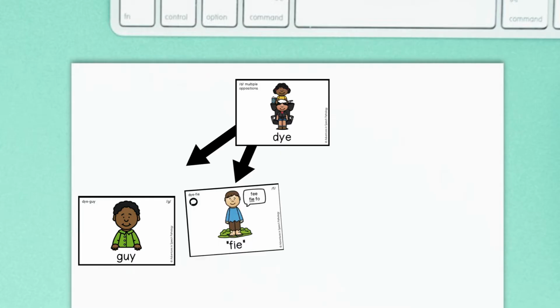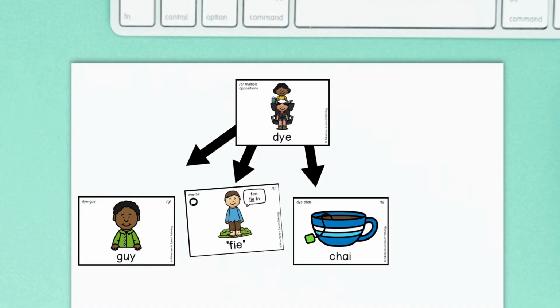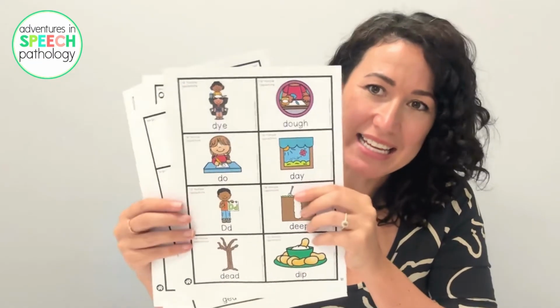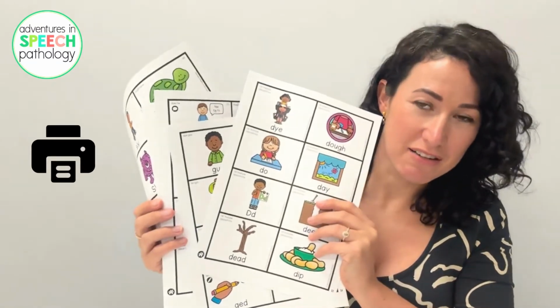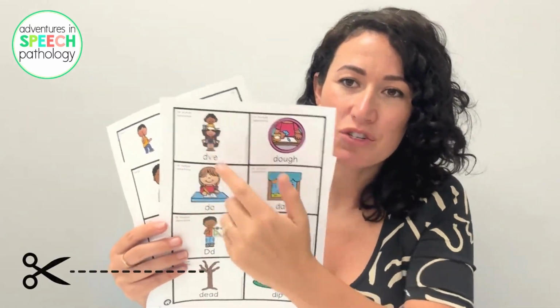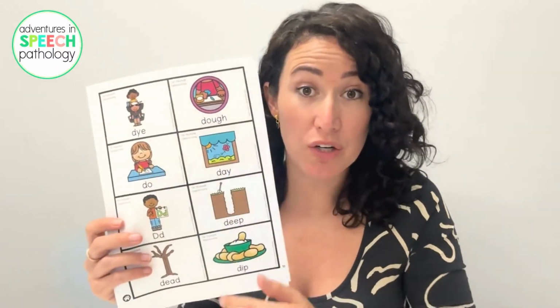We're going to be contrasting die, chai, and die, sly. So this is as simple as just printing 5 pages, and all you will do is cut out your treatment sets.